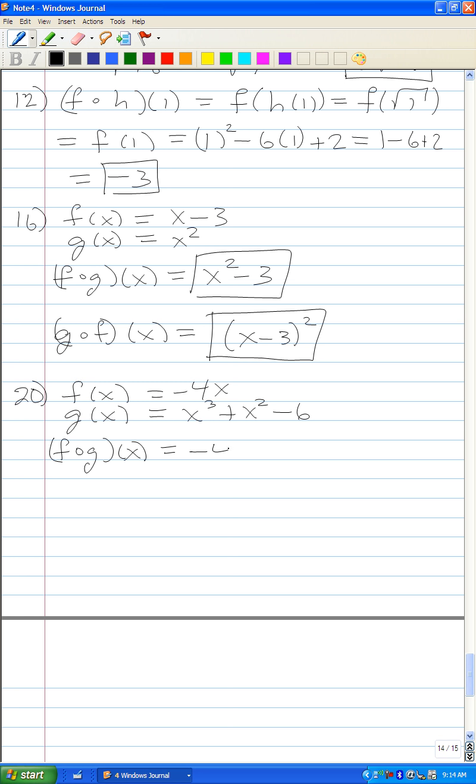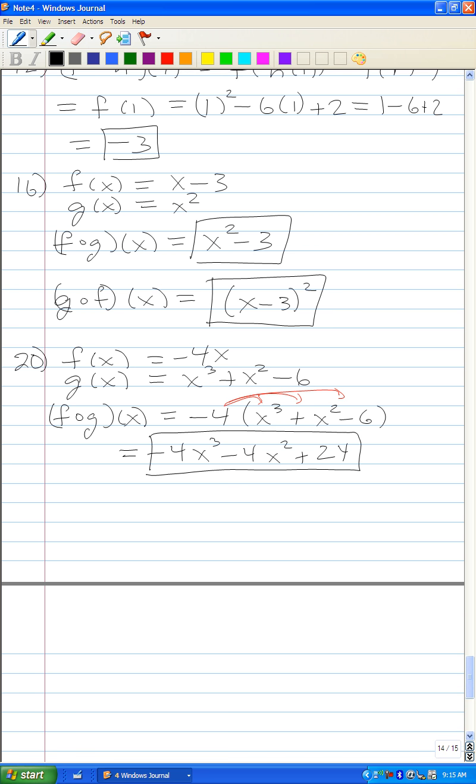So this is a negative 4 times x cubed plus x squared minus 6. Now, let me actually simplify this a little. Let me multiply the 4 inside. And so I get negative 4x cubed minus 4x squared plus 24. And that is your answer.